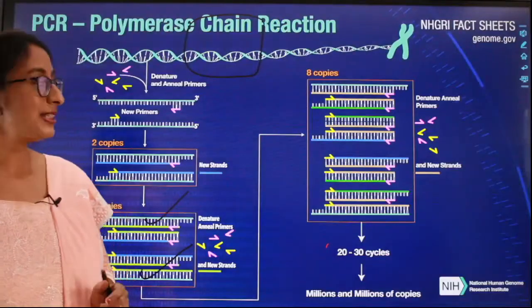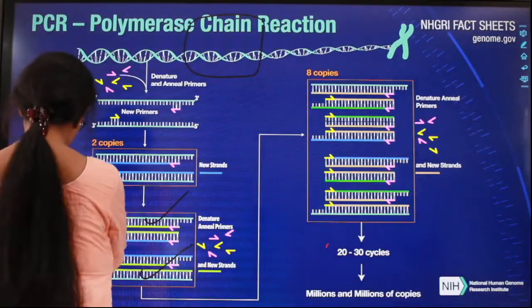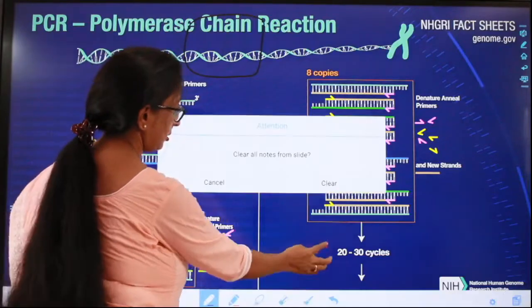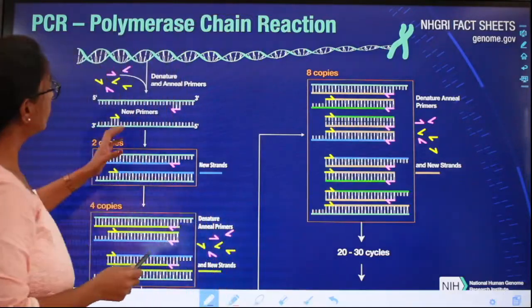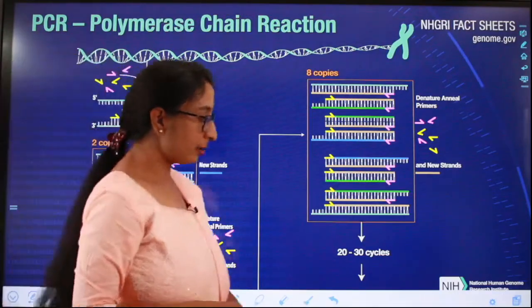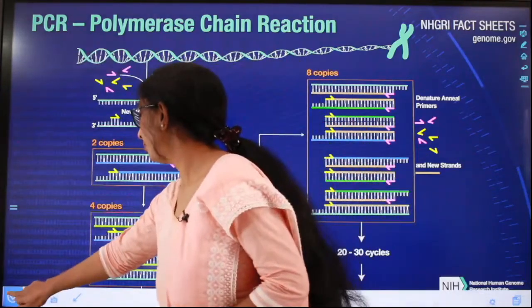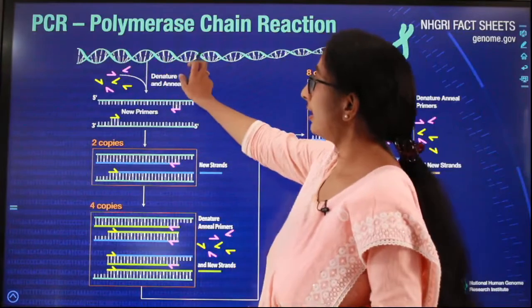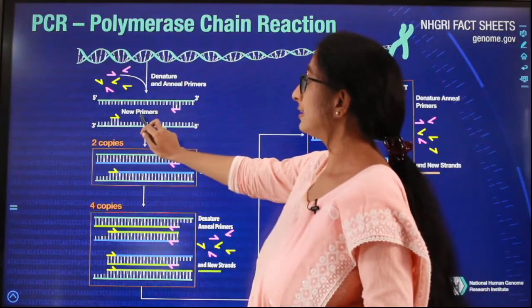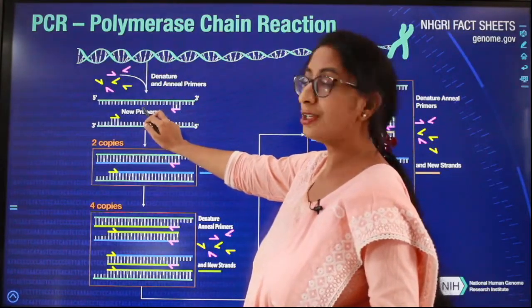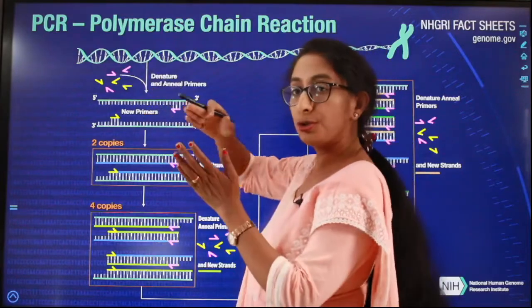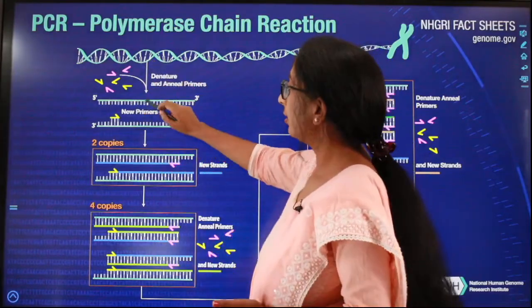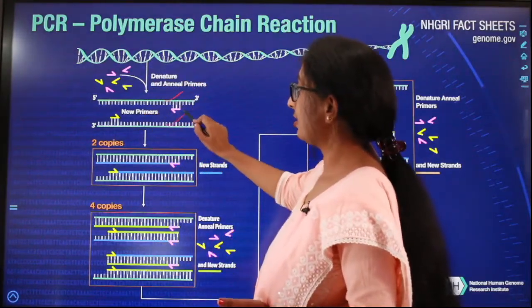So this is another picture where I can show you how polymerase chain reaction happens. This is the double-stranded DNA molecule. Here, this is the first step, that is denaturation, during which the two strands of DNA are separated. Here you can see we have two different strands.